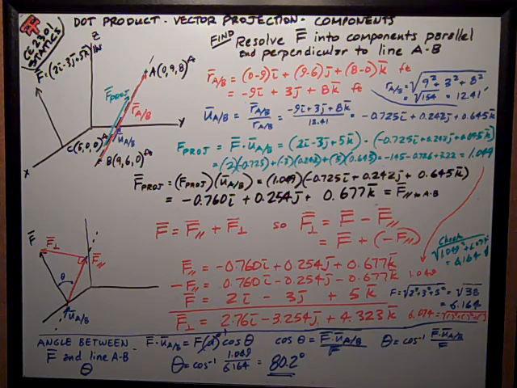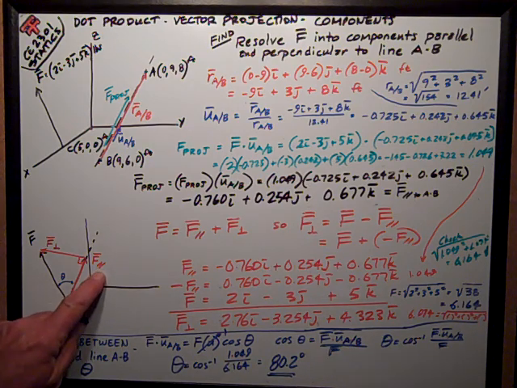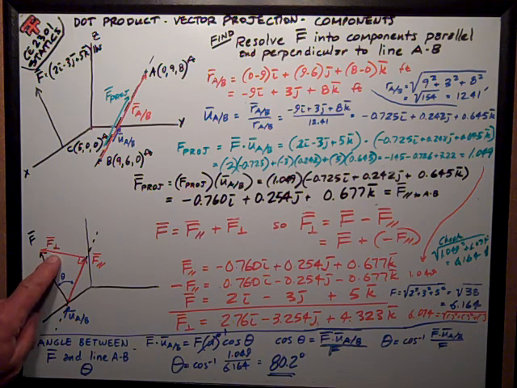Okay, I want to check myself using the Pythagorean theorem, square root of the sum of the squares. And so F parallel squared, the scalar value, plus F perpendicular squared should be equal to F squared.